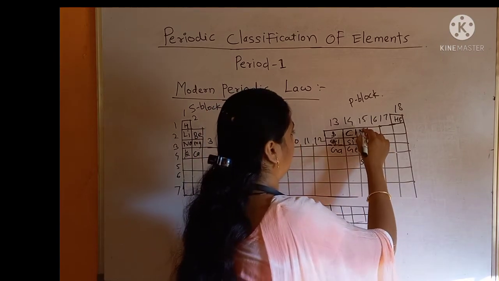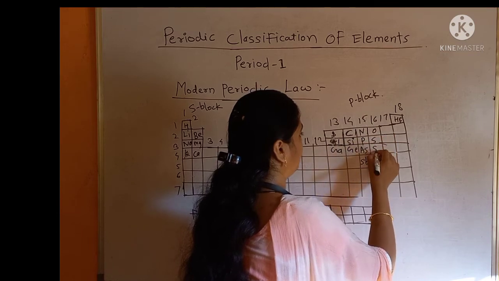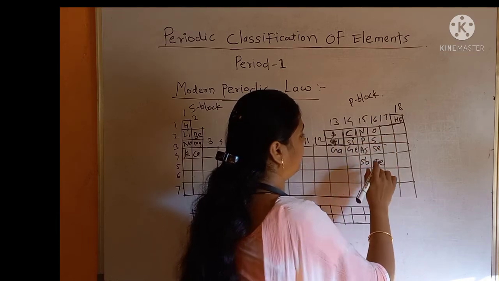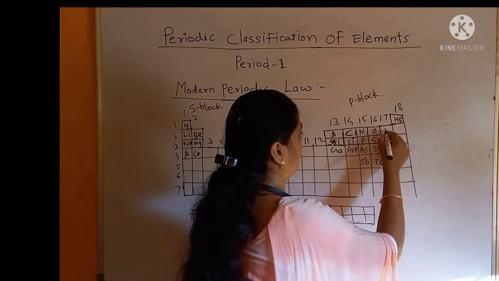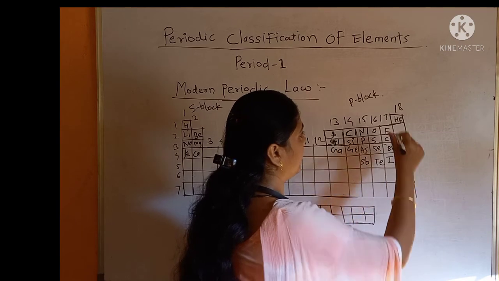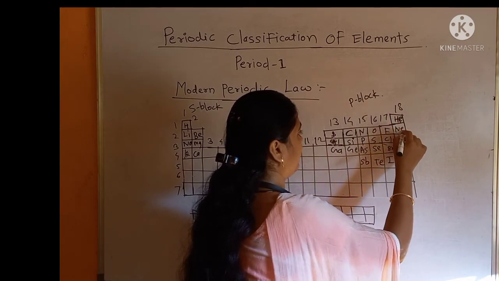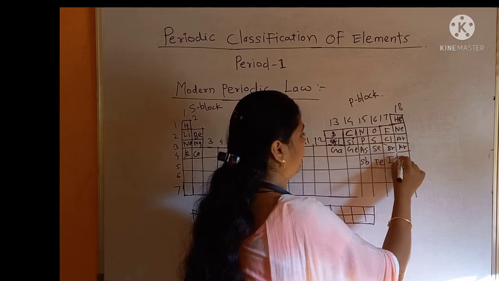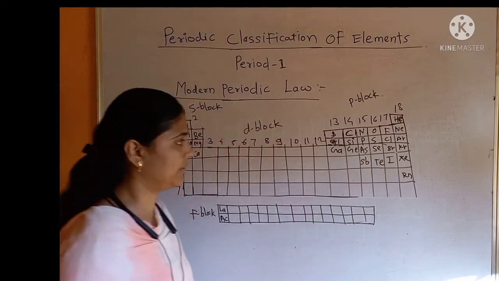After nitrogen there is the oxygen family, then thallium. Then after that fluorine, chlorine, bromine and iodine, the halogen family is present. Then helium, neon, argon, krypton, xenon and radon. Means these are the noble gases.